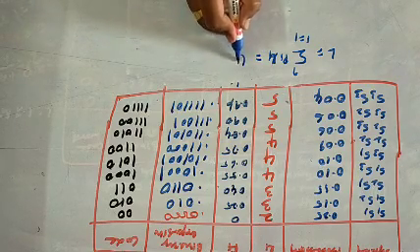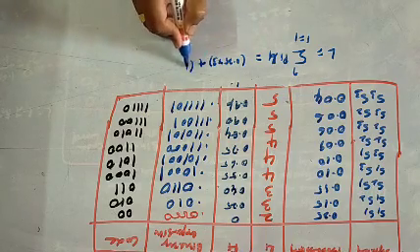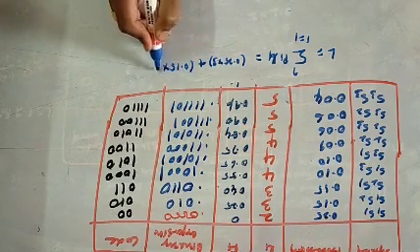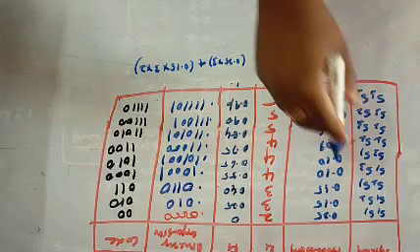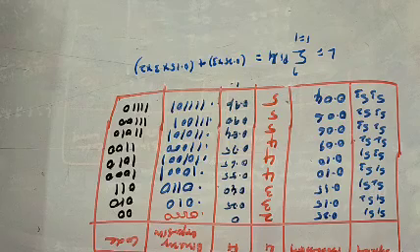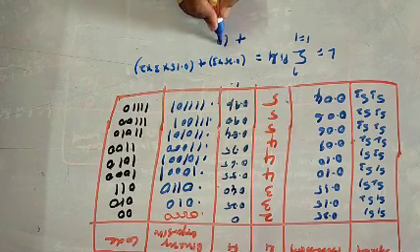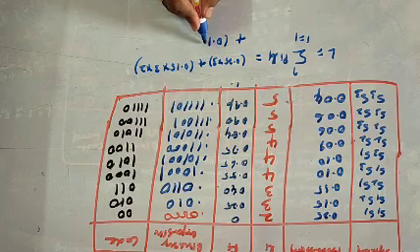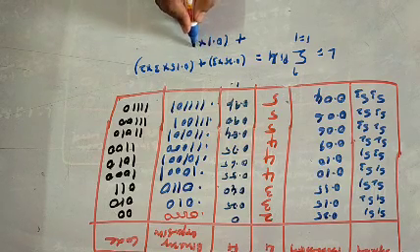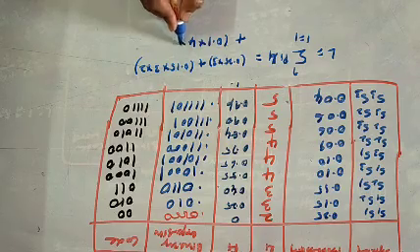Directly I'll write P1 is 0.25 into 3, plus 0.15 into 3 into 2, because there are 2 more symbols of the same probability 0.15. Plus probability 0.1, and their length is 4, so I'll write this as into 2.